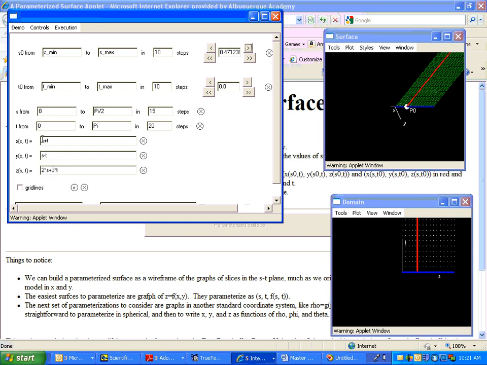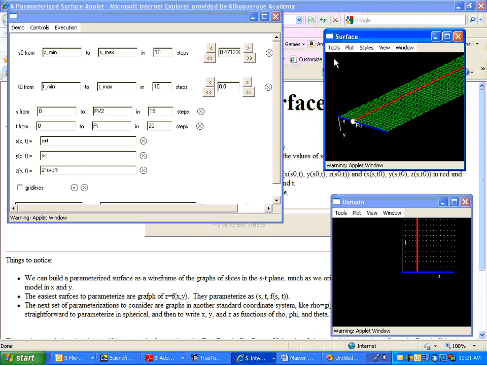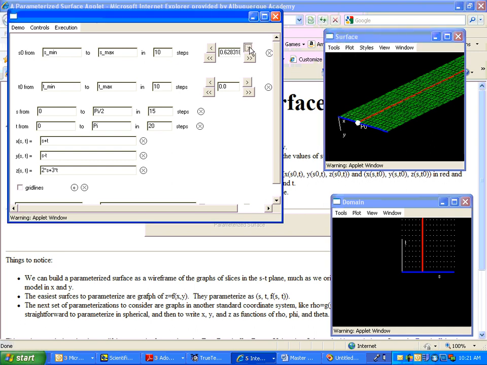We're just taking s times (1, 1, 2) plus t times (1, -1, 3). Those vectors, let me drag it over a little bit, are in the directions of the blue and red lines, and as I change t and s, I just get different mixtures of the two vectors.